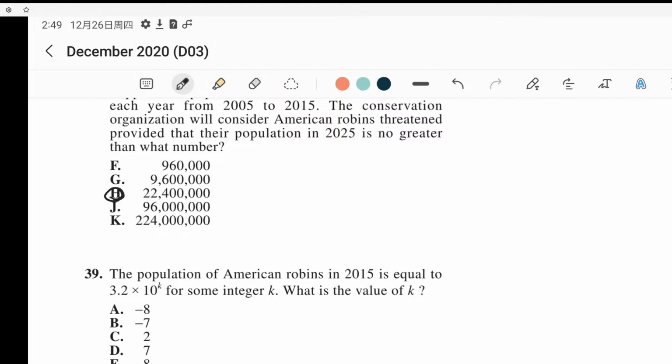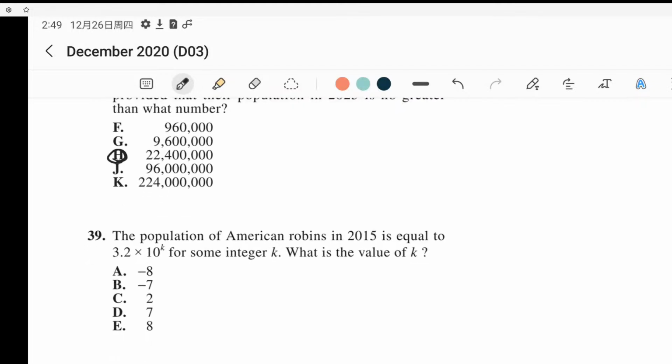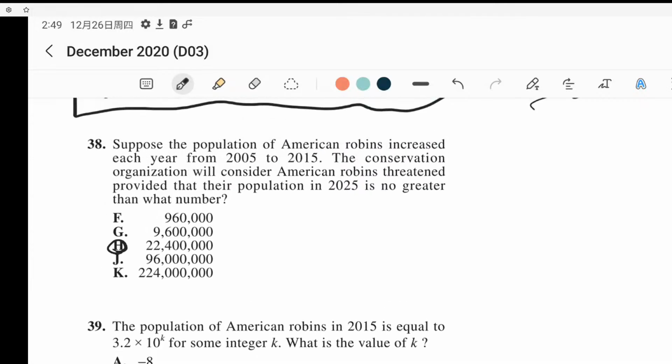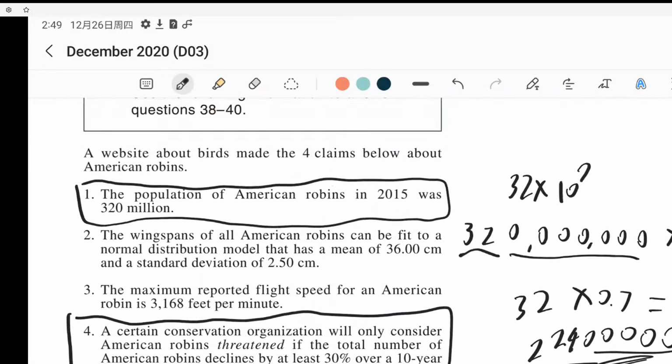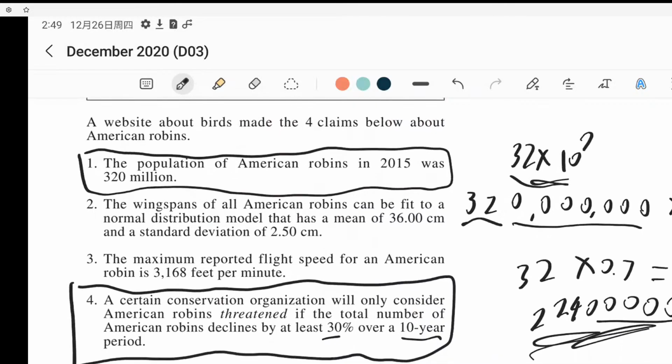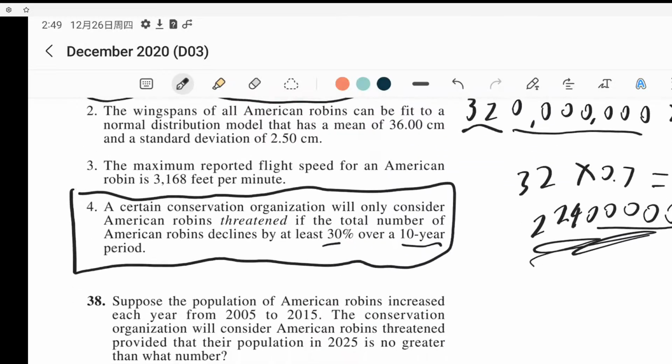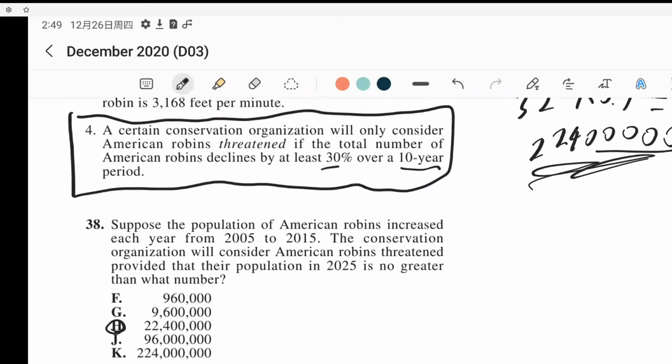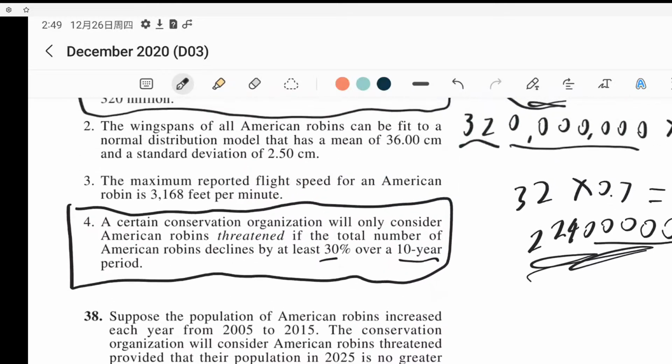The population of American robins in 2015 is equal to, well, we just calculated the value of K, because this is written in what is called scientific notation, for numbers with really large values or really long strings of zeros.